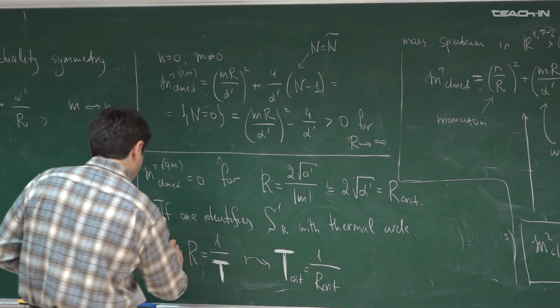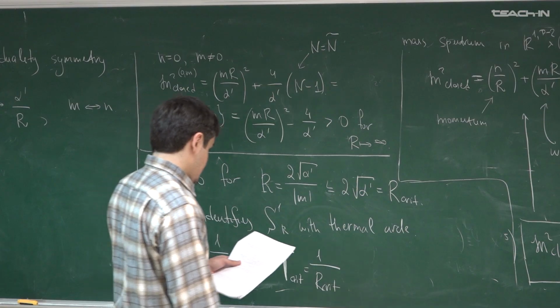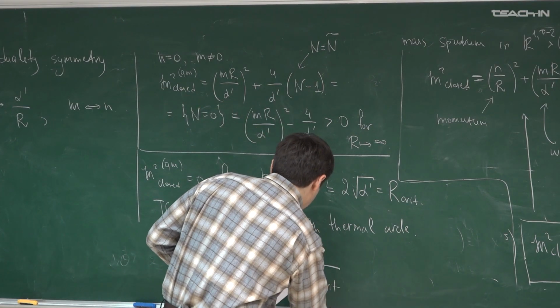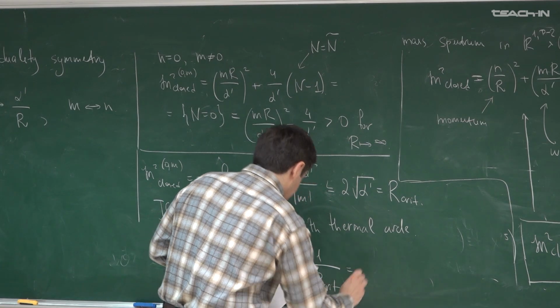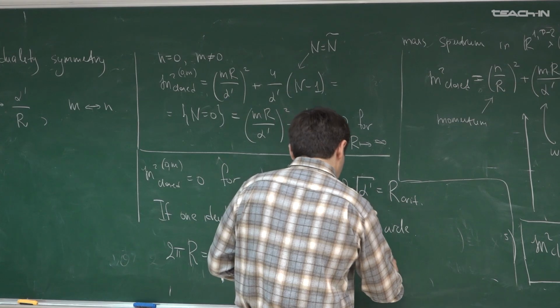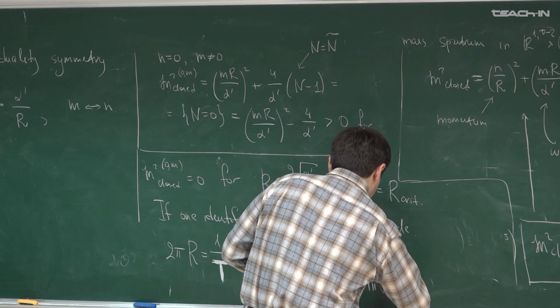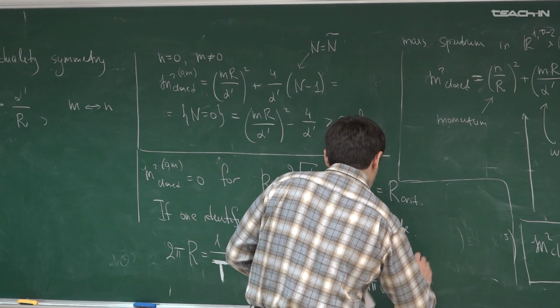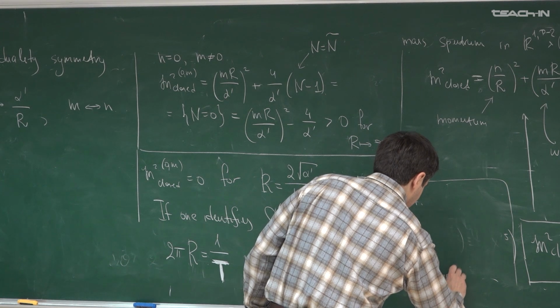More exactly, this is 2 pi r, because this is the length of our coordinate. So this is 1 over 2 pi r critical, and this is 1 over 4 pi square root of alpha prime. So this is the Hagedorn temperature that we had before.